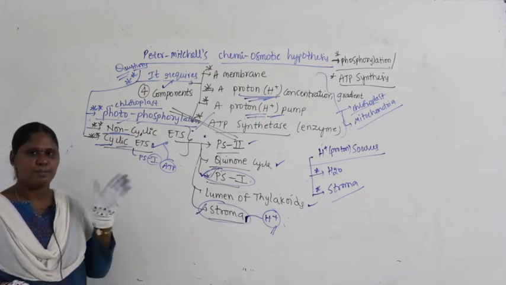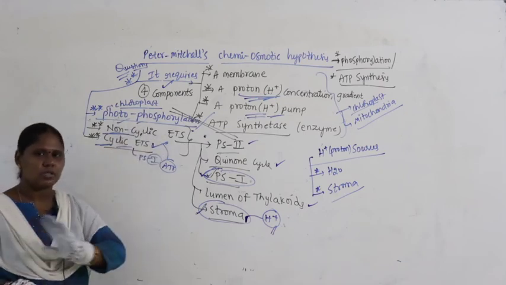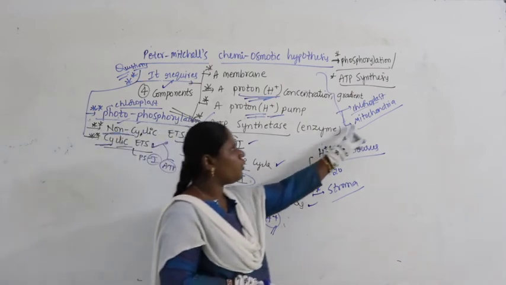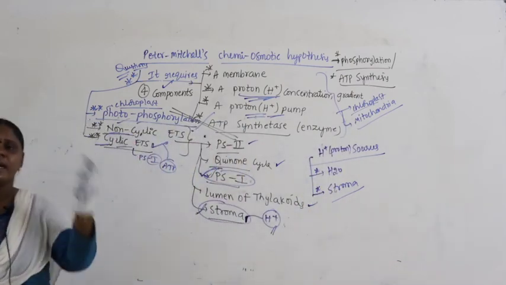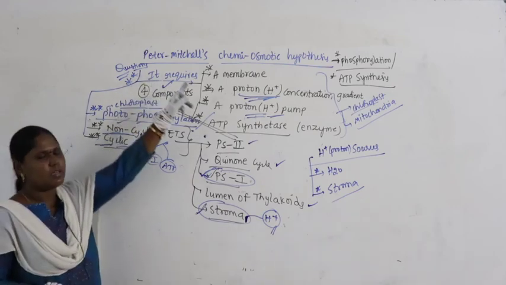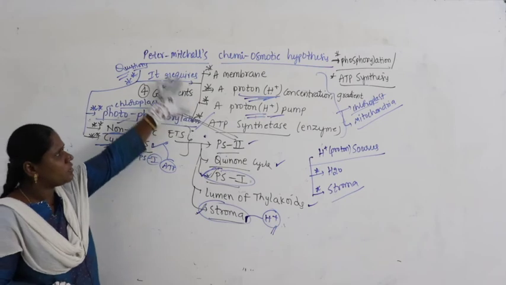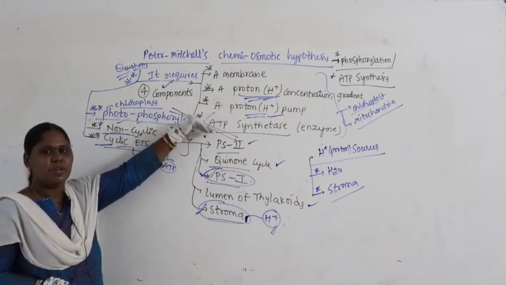So you need to make a comparison. We are discussing photophosphorylation here, not oxidative phosphorylation. Oxidative phosphorylation is related to mitochondria, which we are going to study in the next chapter, respiration. At that time we will also study the chemiosmotic hypothesis, but that part has the same introduction. Up to here everything will be the same even in the next chapter, respiration.